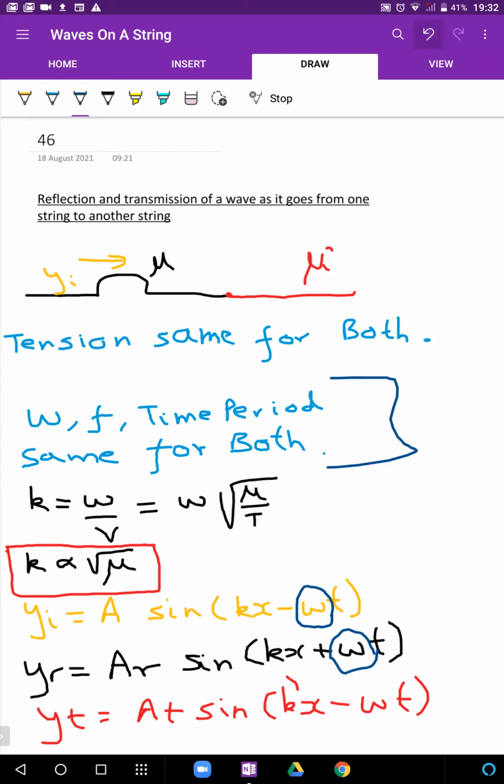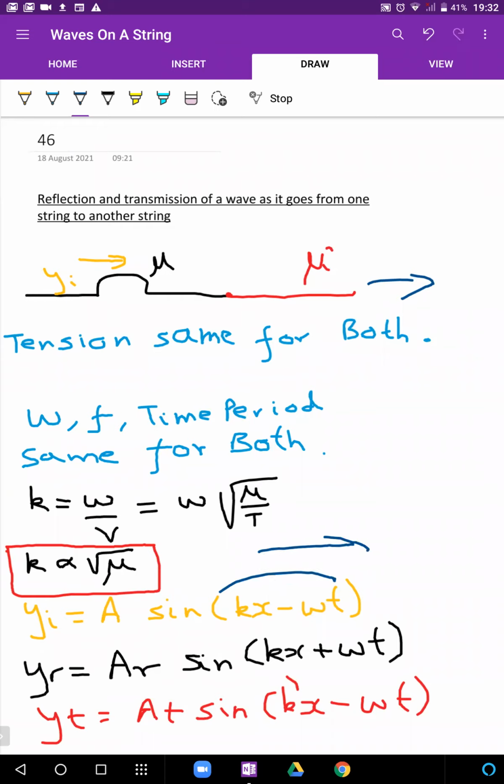All right. Last thing is the transmitted wave goes in the same direction as the incident wave. So in the transmitted wave, I will not change the sign of any of these terms. Right now the terms are of opposite signs, implying the wave is going towards the right.